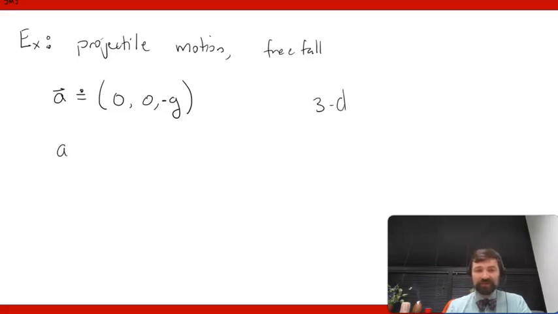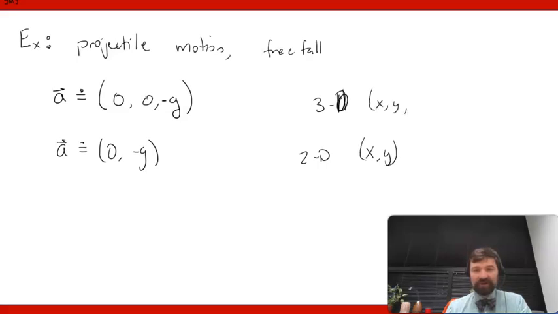In 2D, a might be represented by 0, negative g. This is 2D, x, y. 3D is x, y, z. We usually use z to represent vertical when you're in 3 dimensions, although I suppose you don't specifically have to do it that way.